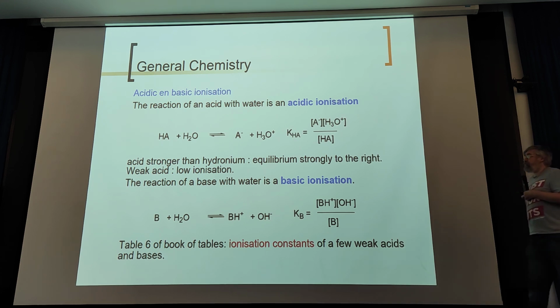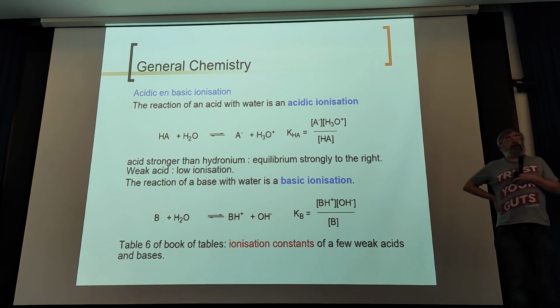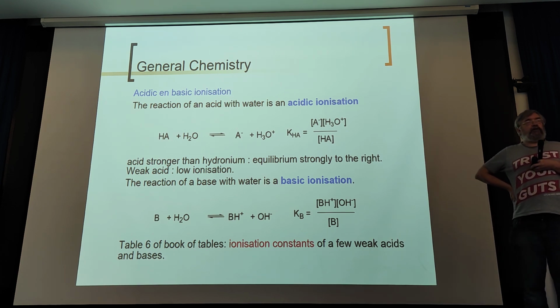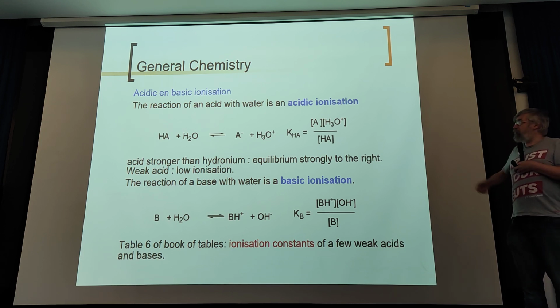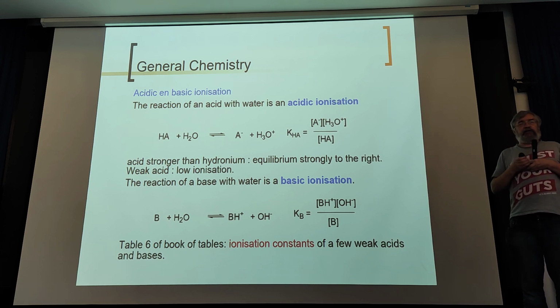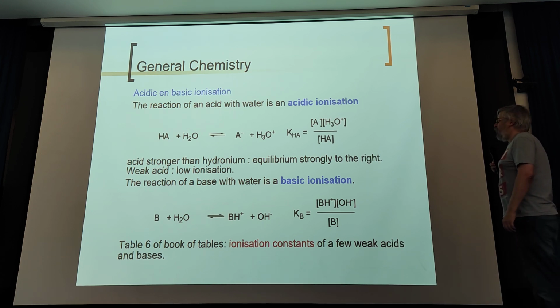If you look at this general equation for the ionization of weak acids, again we see that the water is not going to be present in the equation. It's a solvent, so it has a constant concentration. That is why we don't need to mention it in our equation.